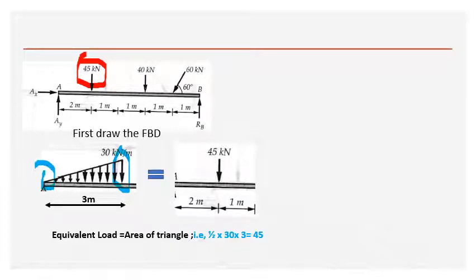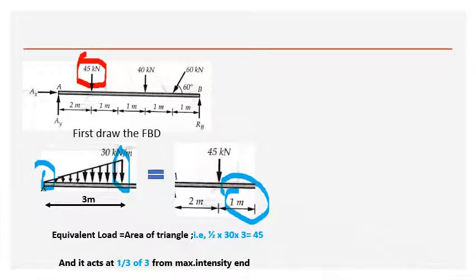From the maximum intensity end, it acts at a distance of 1/3 of the total span, that is 1/3 of 3, which is 1 meter. Or from the zero intensity end, it acts at a distance of 2/3 of 3, which is 2 meter, as represented here.